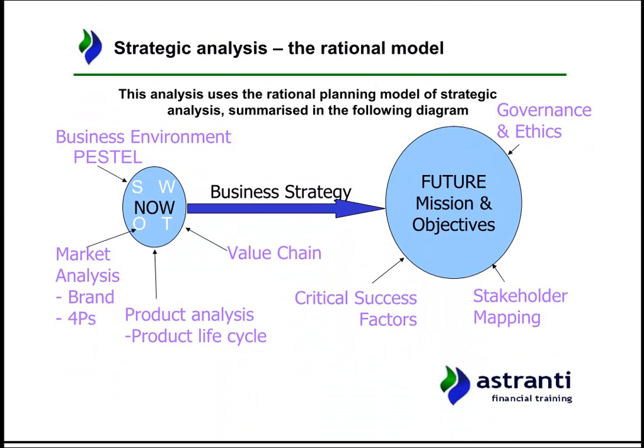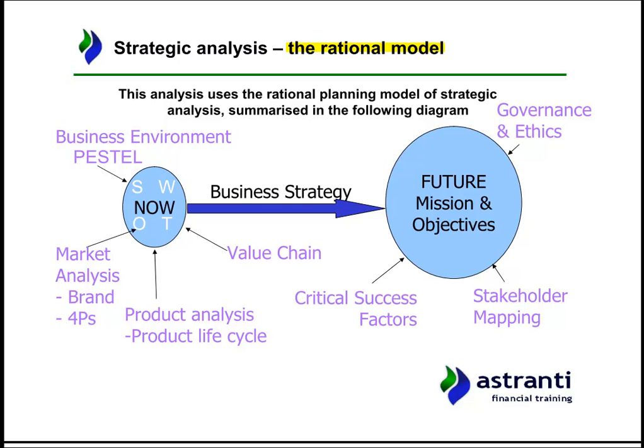And we do this by using what is known as the rational model. Now the rational model is a combination of various models from your CIMA syllabus that essentially analyze and list where the company is now, where they want to be in the future, and how they are going to get there.